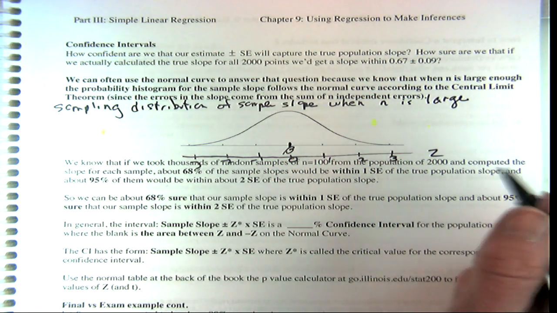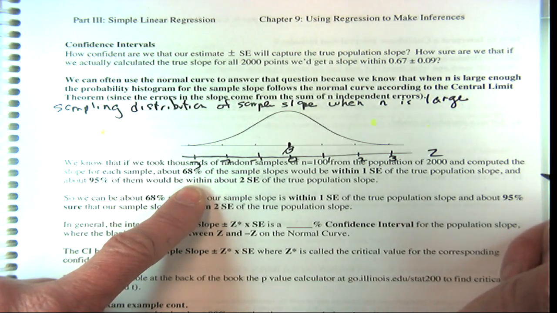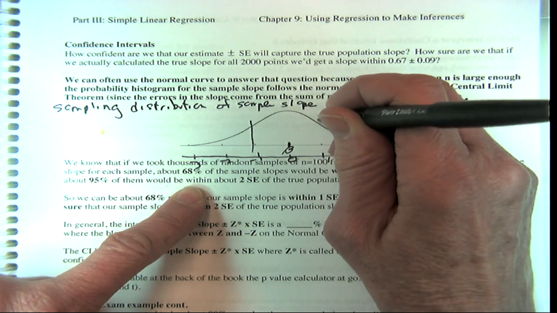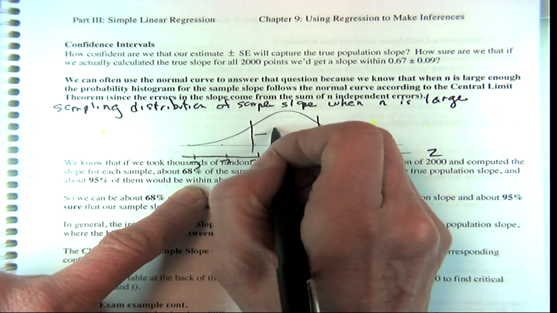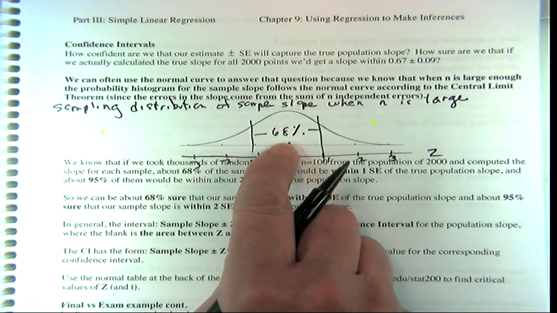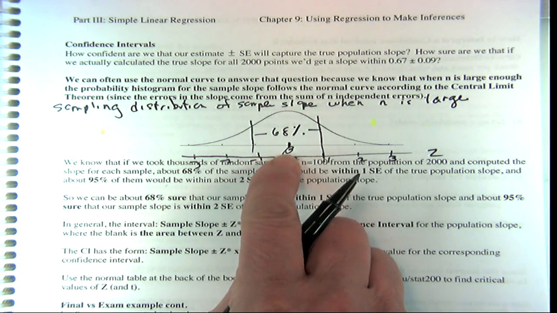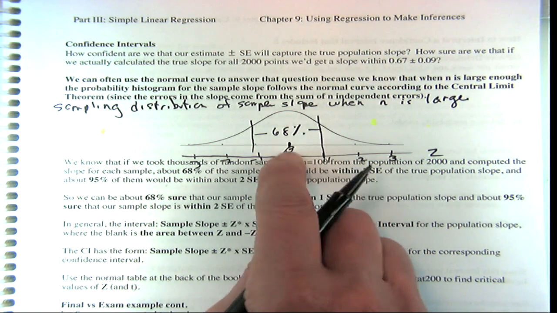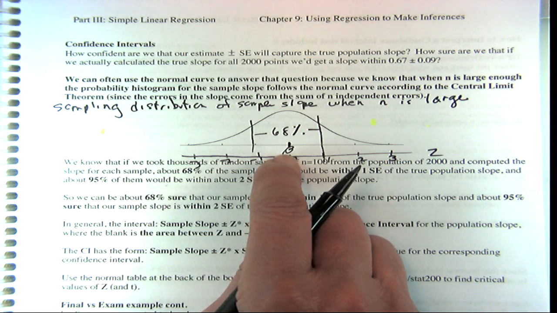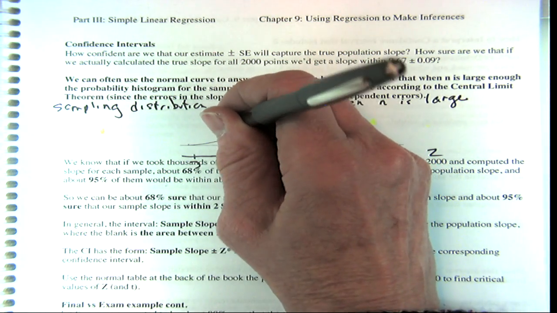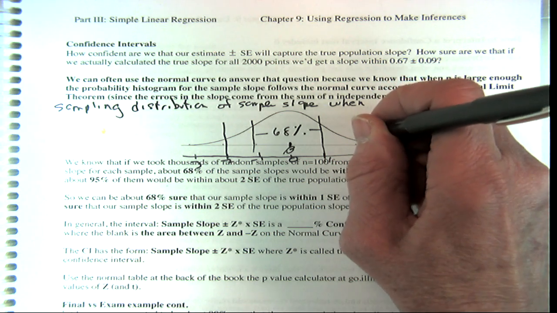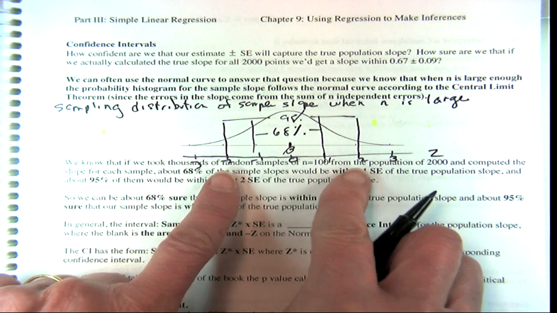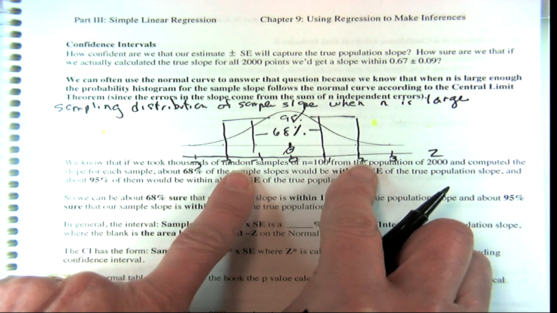And then 68% of the sample slopes lie in this area. 68% of the time, you would get a sample slope within one standard error in either direction of the true population slope. And 95% of the time, you would get a sample slope between 1.96 and -1.96, between about 2 and -2.